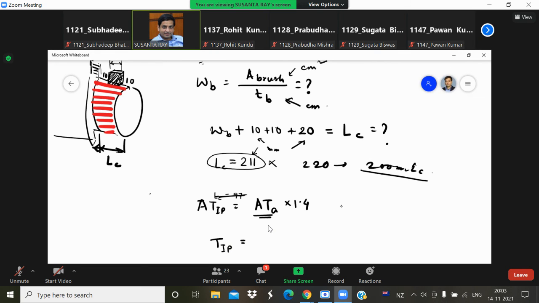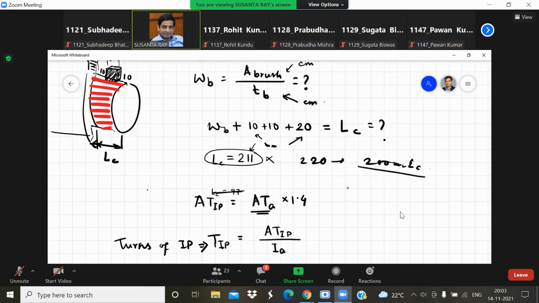Once we have the interpole AT, by dividing that by the armature current, because through the interpole, what is the value of the current which flows through it?